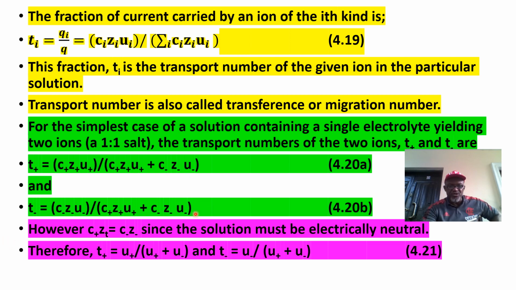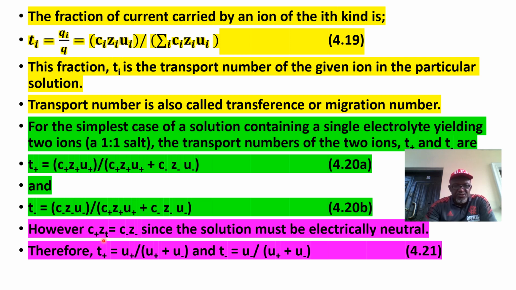For the simplest case of a single electrolyte yielding a 1:1 salt, T plus is this and T minus is equation 4.20b. The only difference is that for T plus, C plus Z plus U plus is the numerator, and for T minus, C minus Z minus U minus is the numerator. The denominator is the same, the total for the positive and negative.